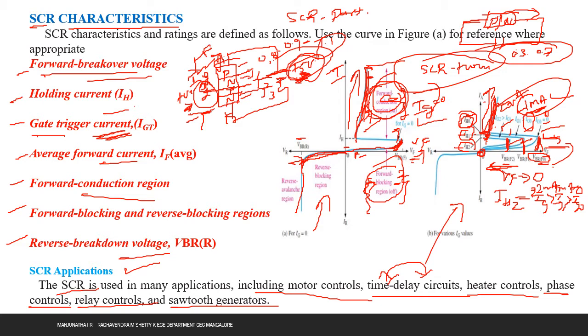Here fast switching, here late switching, here still later switching. That is controlled by the gate current Ig: Ig0, Ig1, Ig2, Ig3, and so on. So wherever we require a delay in the circuit, there we can use the SCR. So this is all about the SCR characteristics curve in forward conduction mode and reverse conduction mode.